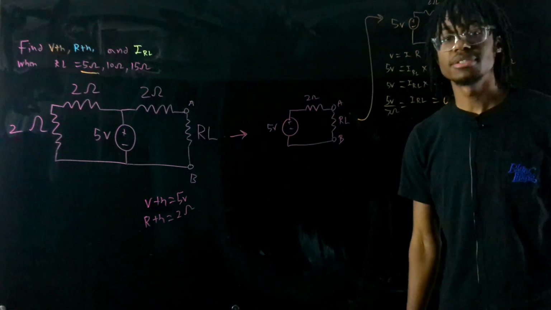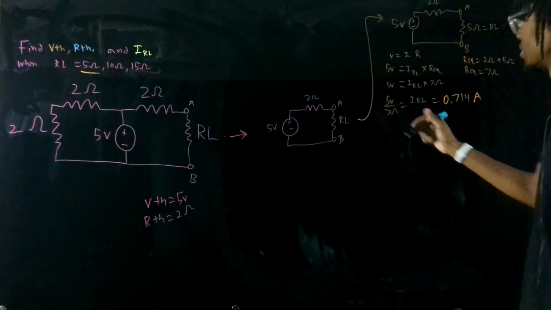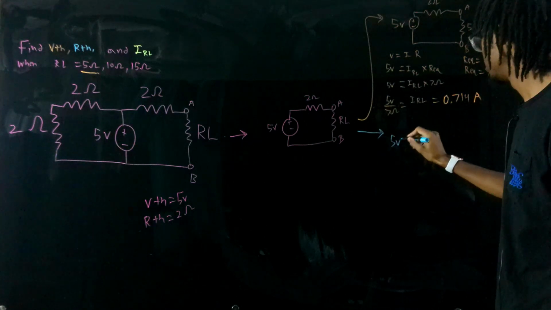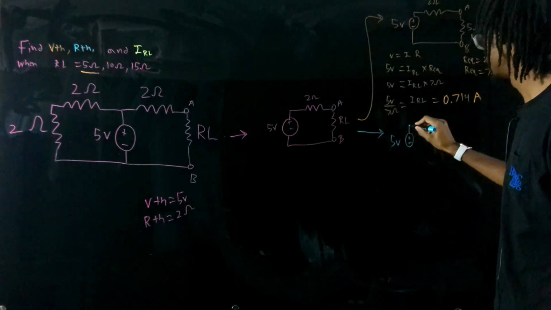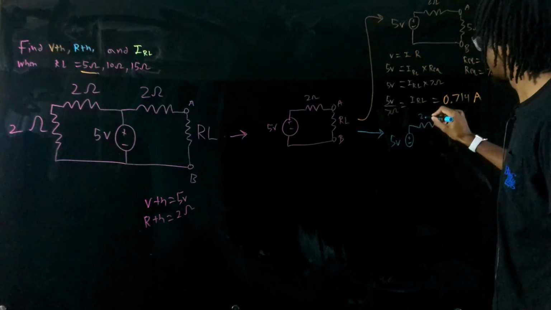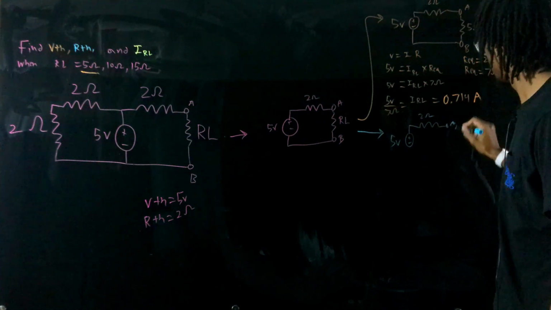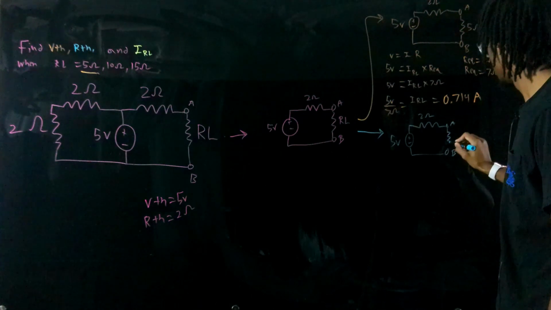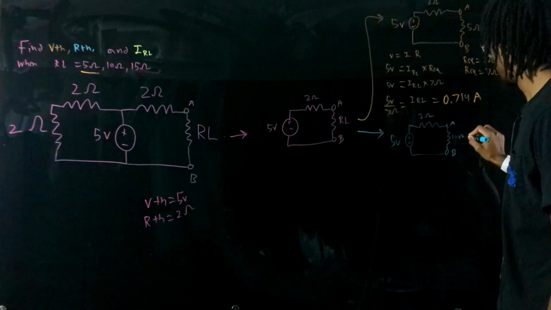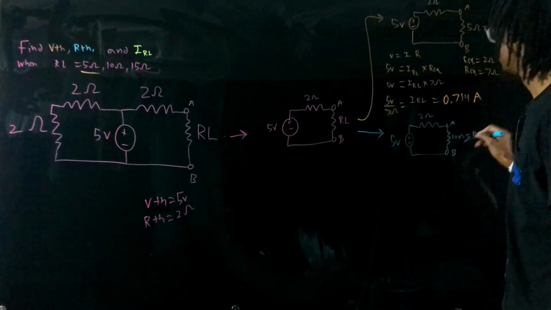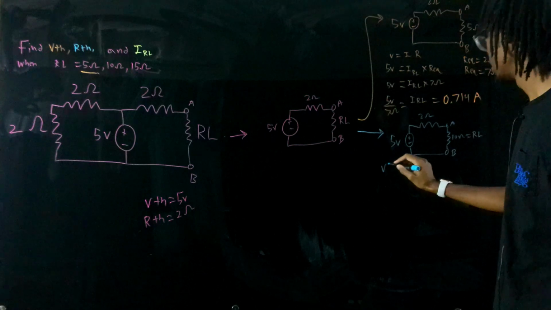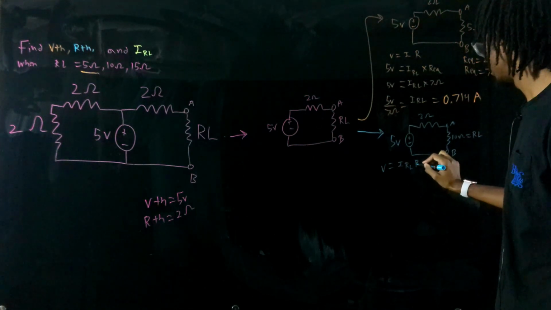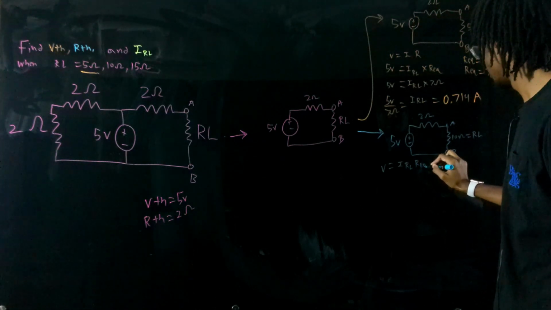So next, we will assume that RL is equal to 10 ohms. We'll do a very similar process as to what we did before. Redraw the circuit, 5 volts, 2 ohms, A, B. Our RL in this case will be 10 ohms instead. And then we'll do Ohm's law again. So V equals IRL times REQ.